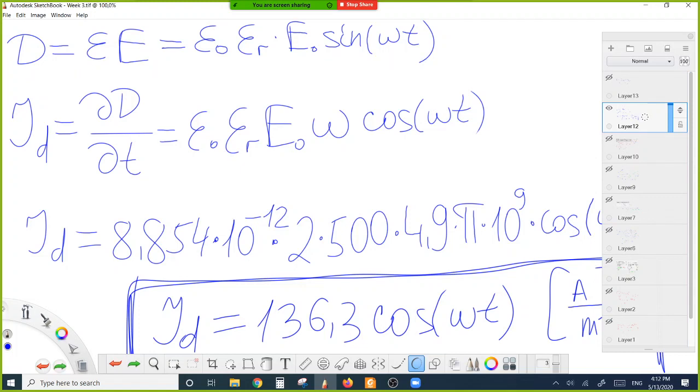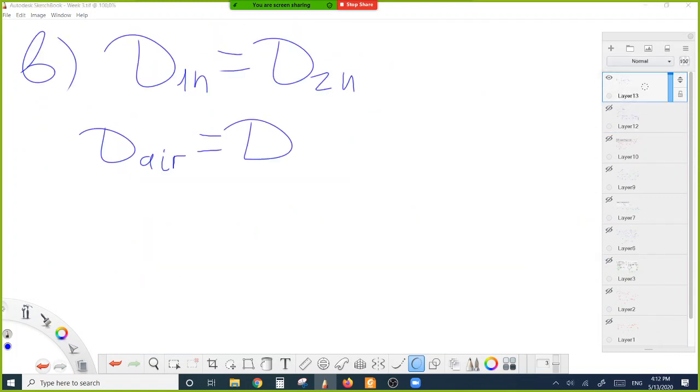D is the same, so if D is the same, the displacement current density will also be the same.